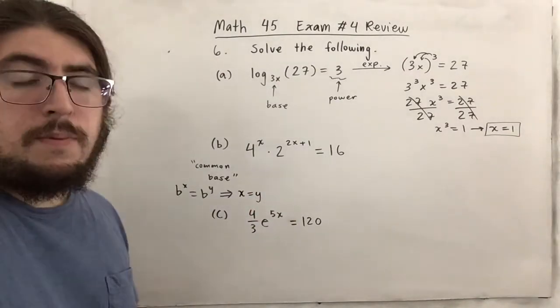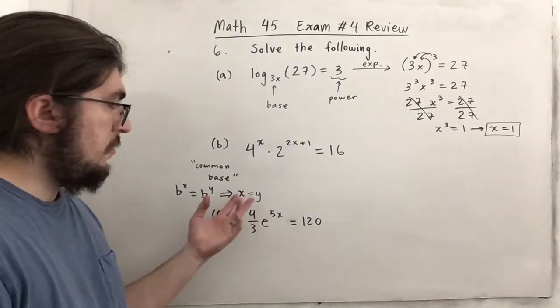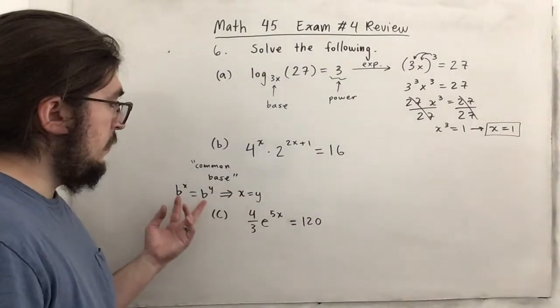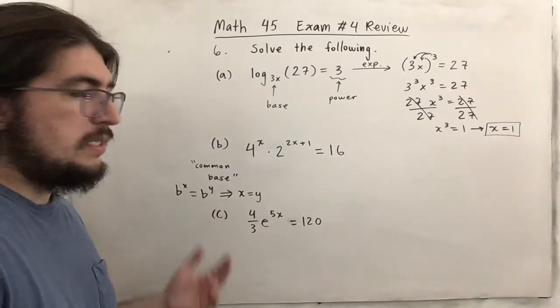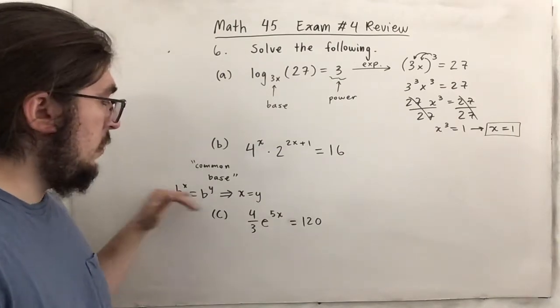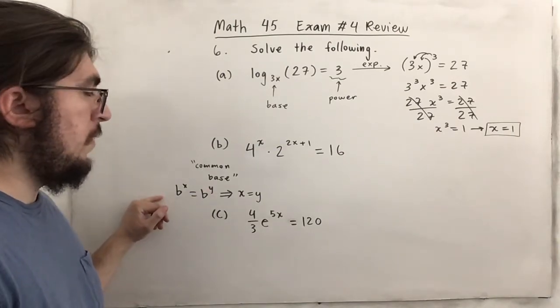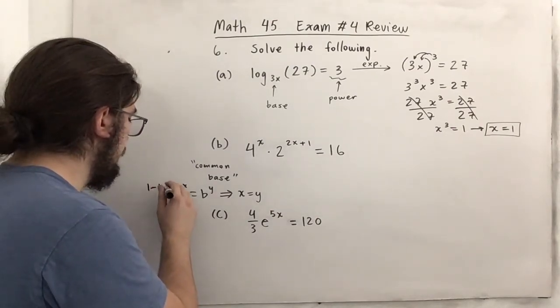Now, the not equal to 1 part makes sense because 1 to the 3 is equal to 1 to the 4, for example, but 3 is clearly not 4. So when the base is any positive non-1 number, then this property is true. So this is known as the one-to-one property. So I'll just write 1-1 for one-to-one.